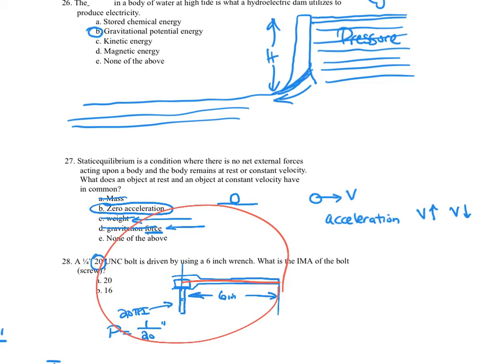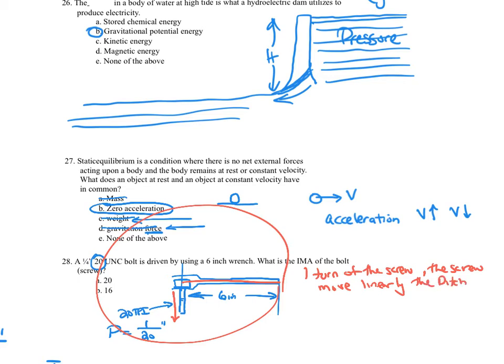And with one turn of this screw, the screw's going to move down that pitch distance. So again, one turn of the screw, the screw moves linearly the pitch distance.